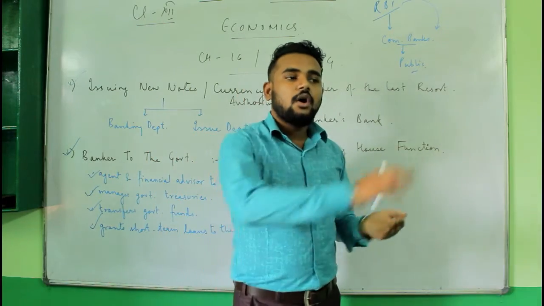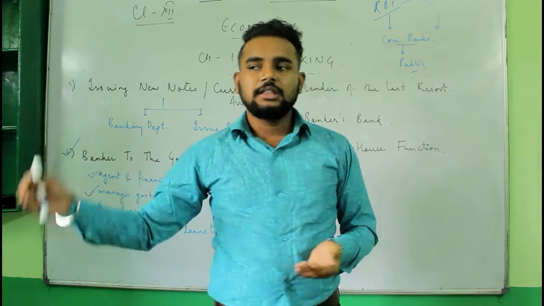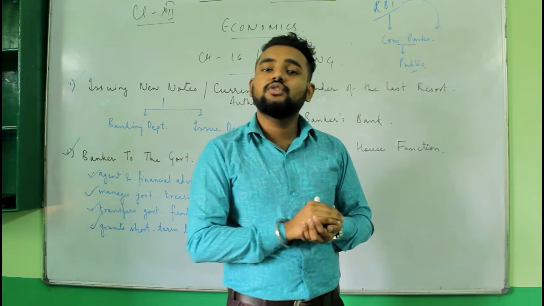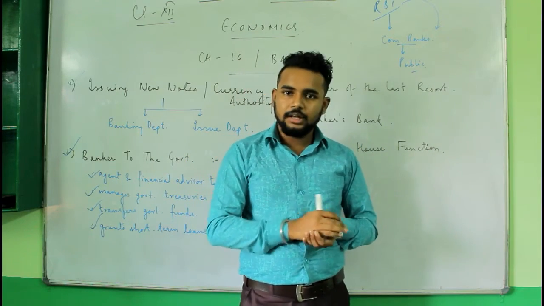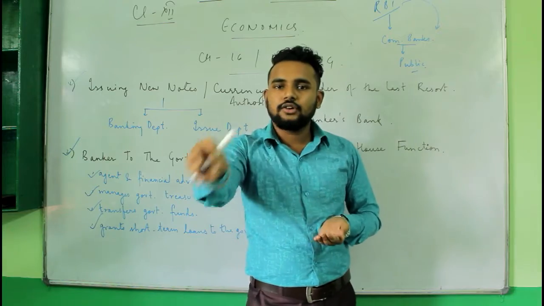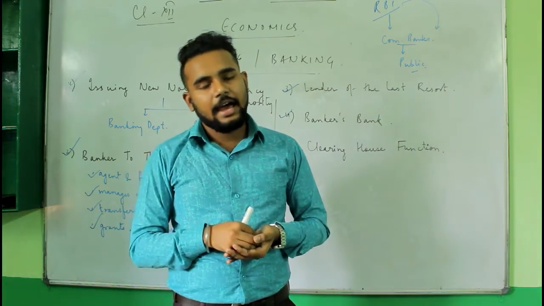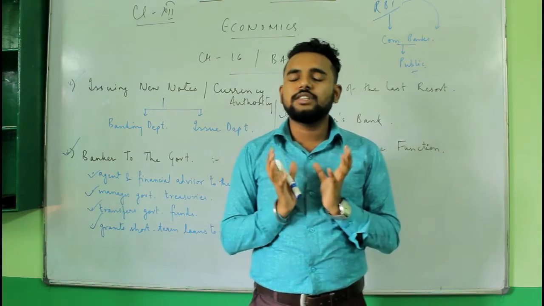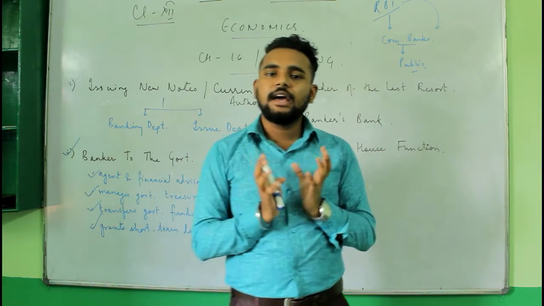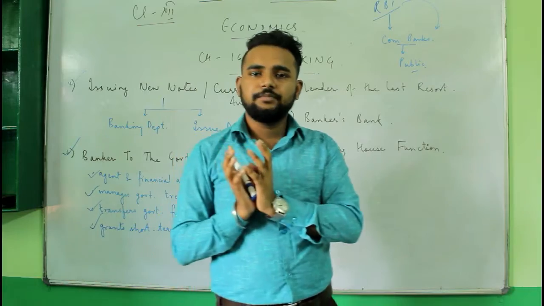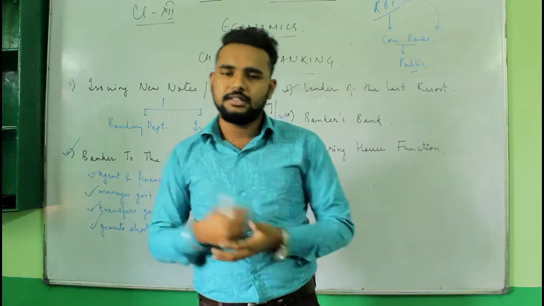It means that all other commercial banks have to keep a part of their savings saved with whom? With the RBI. Clear? Everybody has to keep a part of their savings saved with the RBI. And what does the RBI do with that money? RBI helps to give loan to any other bank with that money if any of the bank needs.